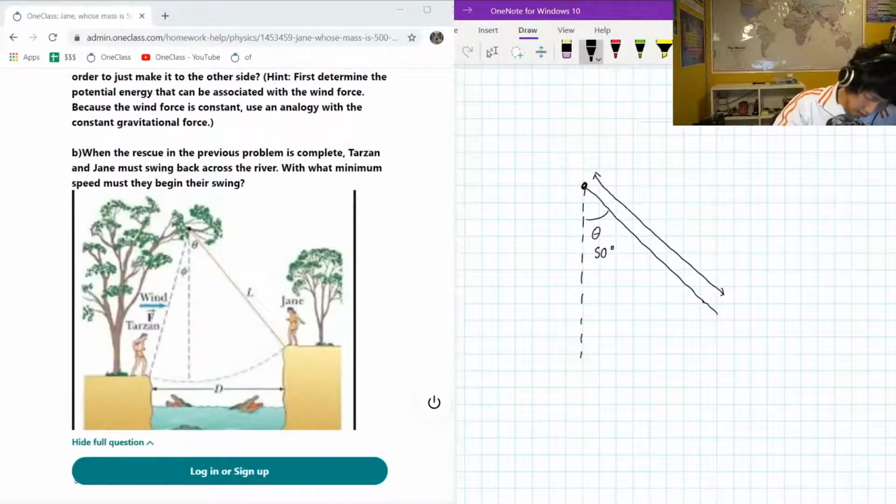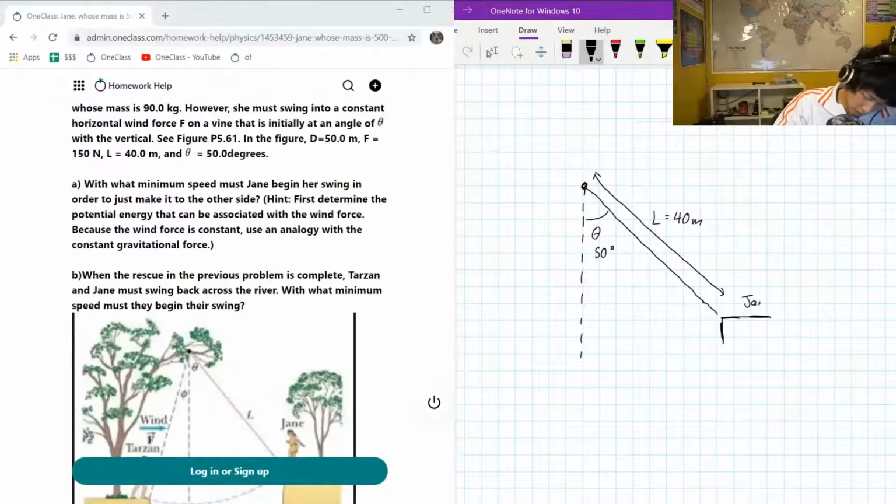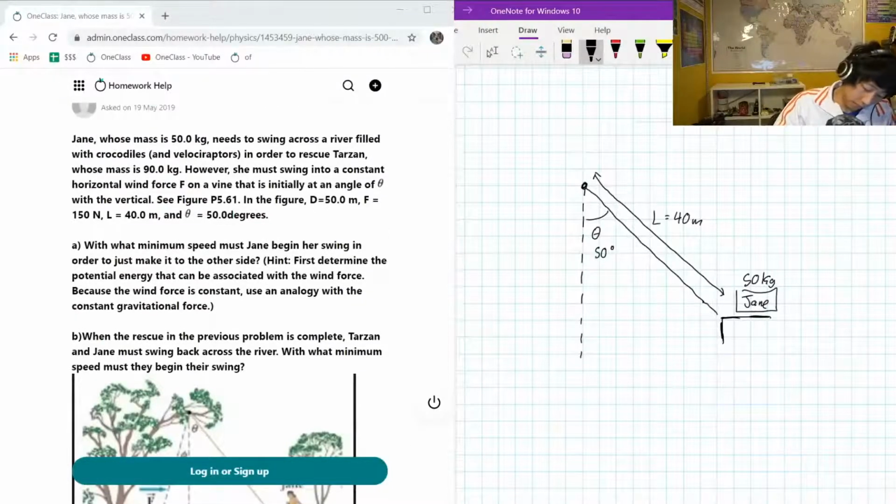This length here is L, that was given as 40 meters. And that starts up here. Jane is 50 kilograms. And coming this way, we have a different angle.